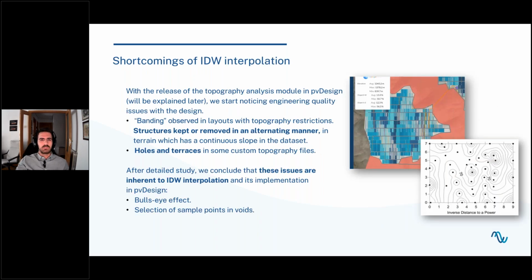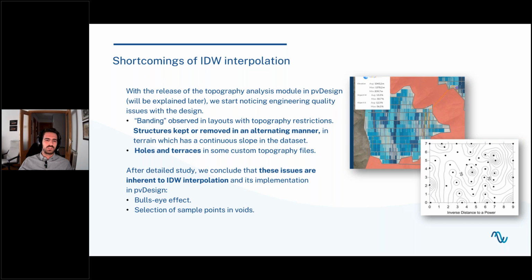But IDW interpolation has significant shortcomings, which became apparent after some time. So the shortcomings we observed, initially we called them banding, but later on we learned that they actually have a name, and it's the bullseye effect, which is that inverse distance weighting produces flat surfaces around the known sample points.